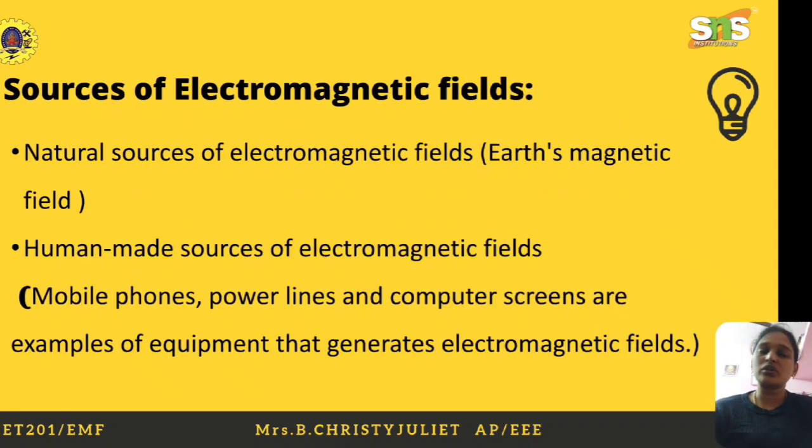Now let's get into a deeper discussion of the sources of electromagnetic fields. As I told you earlier, there are two different types of sources: natural sources and human-made sources. Natural sources include the Earth's magnetic field, and even the thunderstorms that the Earth's atmosphere experiences are a good source of electromagnetic fields.